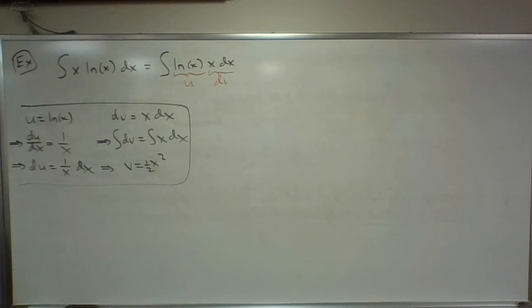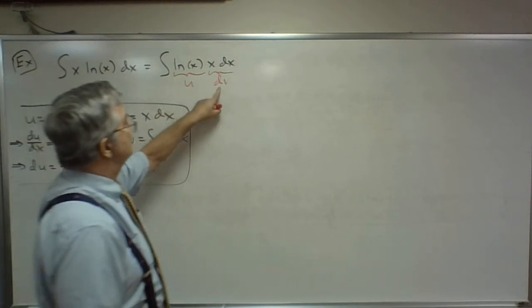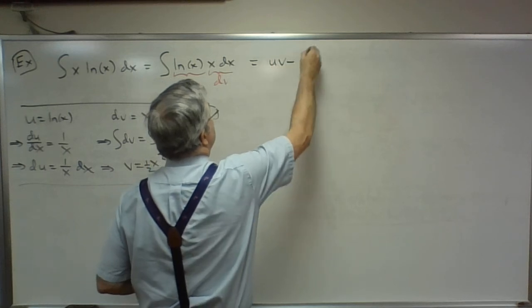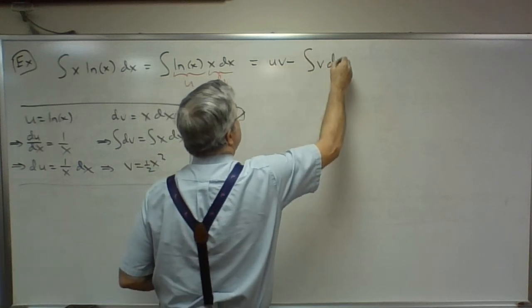We got our u's, we got our v's. This is the integral of u dv. It's equal to uv minus the integral of v du.